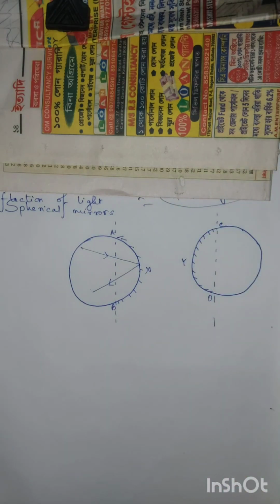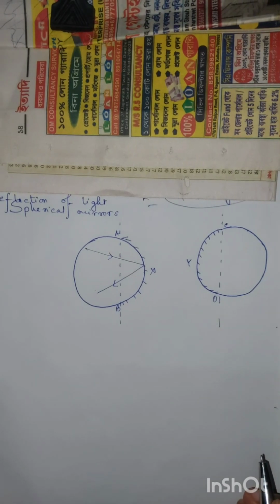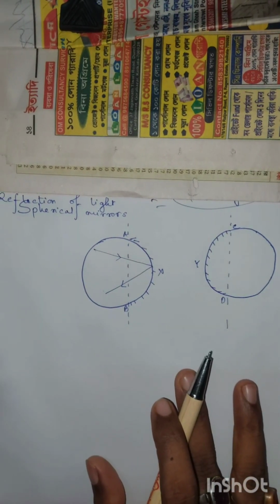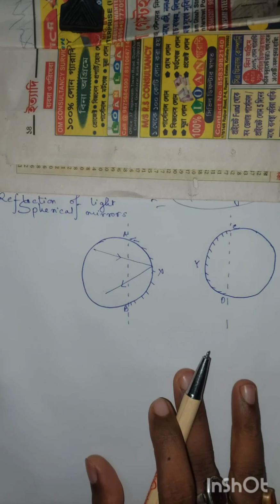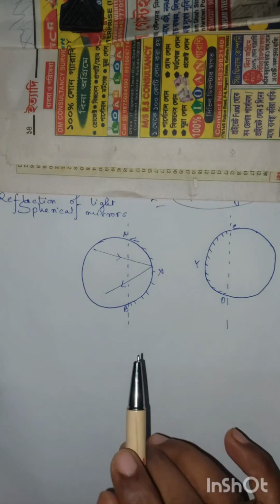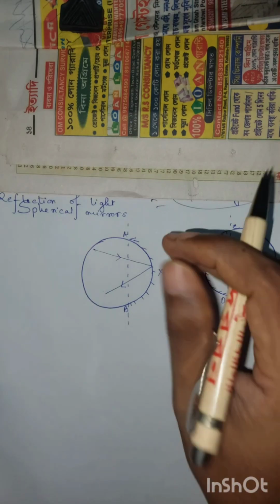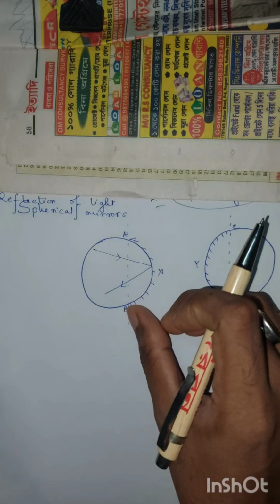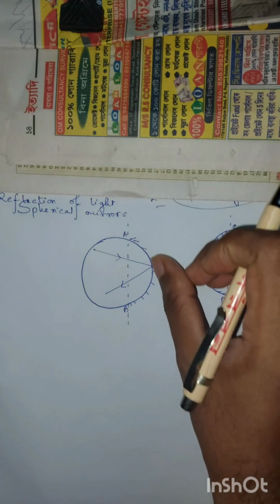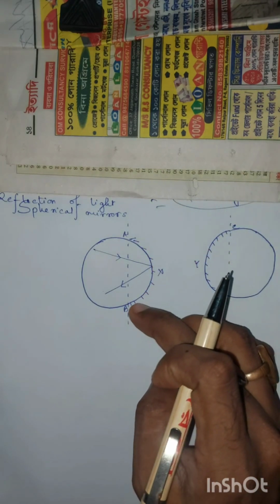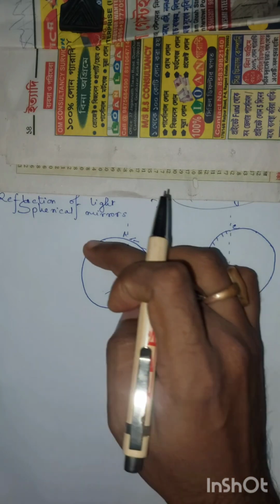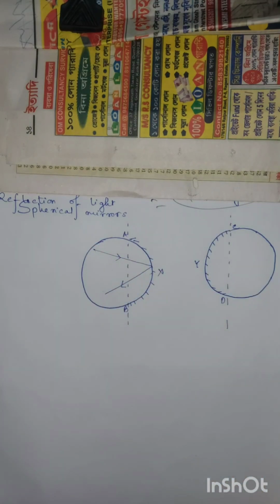Okay, so the shaded portion is actually the silvered surface. Okay, and this is our reflecting surface.